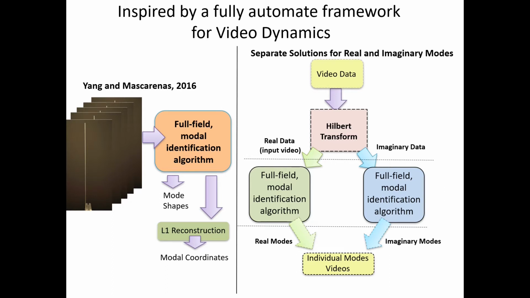It is well known that the Hilbert transform provides the analytic signal, which is composed of real and imaginary parts of data. Therefore, we propose to perform the video-based modal identification framework over these two sets of data and later use both real and imaginary modes to perform modal reconstruction.